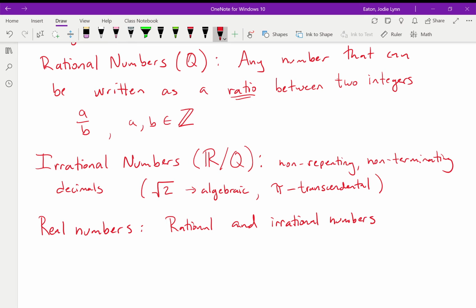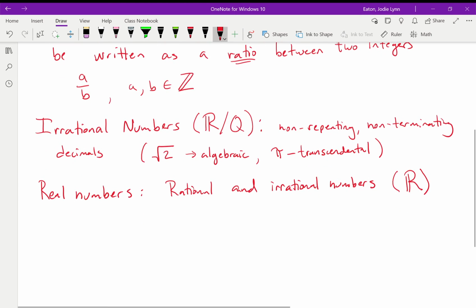If you think of a number line, it's basically any point you can put on a number line, that is going to be a real number. You might come to ask the question, if we have real numbers, what does that mean about unreal numbers? Well, the real numbers themselves are contained in a larger set of numbers called the complex numbers.